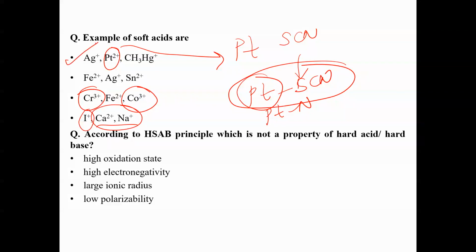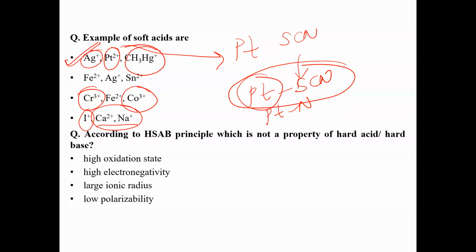So this first option will be the right one, because in this option the silver ion has a plus 1 oxidation state, a very low oxidation state. Apart from that, it has a 4d configuration, right? So it is bigger in size. Platinum plus 2 is already a soft acid, and this mercury compound is also a soft acid, right?